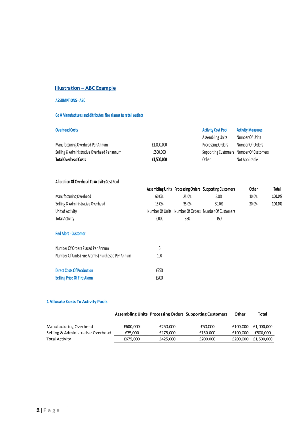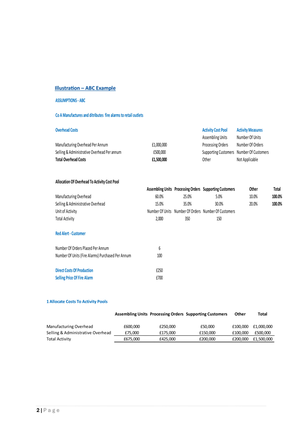For manufacturing overhead, 60% is assigned to assembling units, 25% to processing orders, 5% to supporting customers, and 10% to other activities. Selling and administrative overhead allocates 15% to assembling units, 35% to processing orders, 30% to supporting customers, and 20% to other activities.